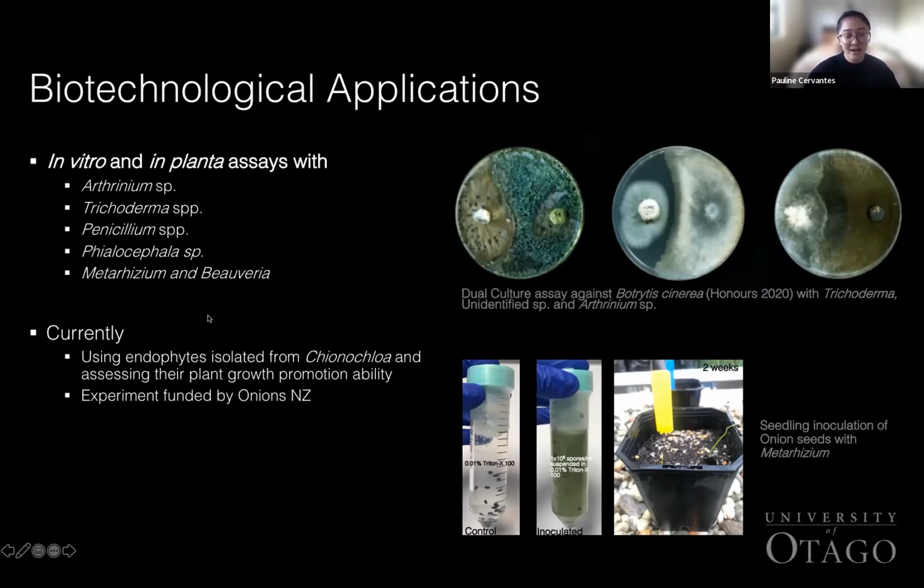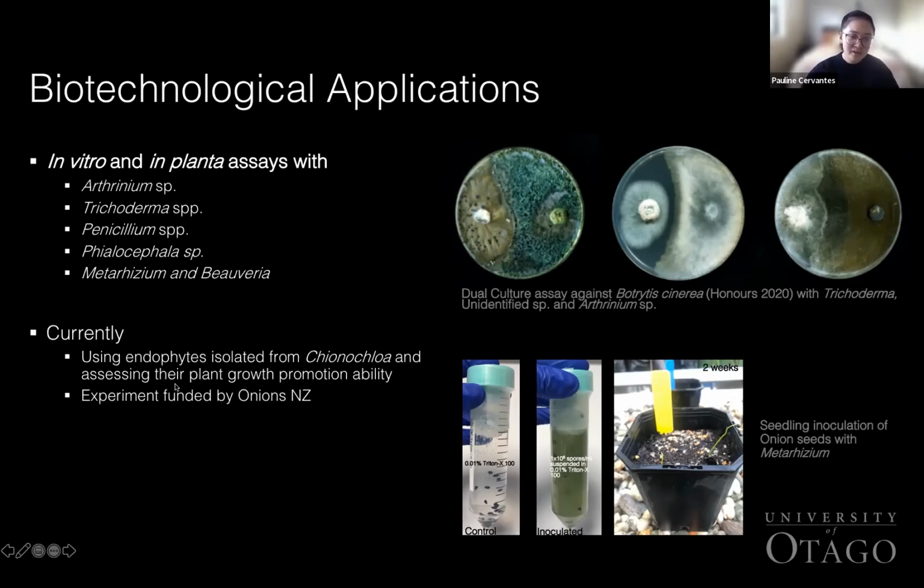I'm able to do that because I have the cultures on hand. Some of the things that I also want to do with them is test them against fungal pathogens. Like in 2020, I tested a strain of Trichoderma and Arthrinium that I isolated against Botrytis cinerea, and it showed some success, and I want to add more endophytes onto that list.